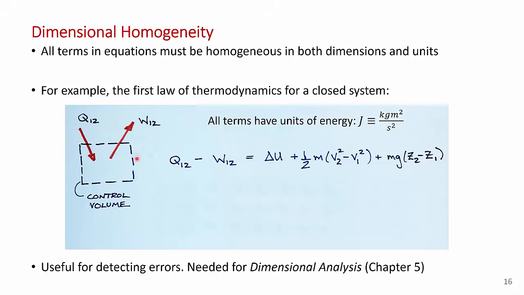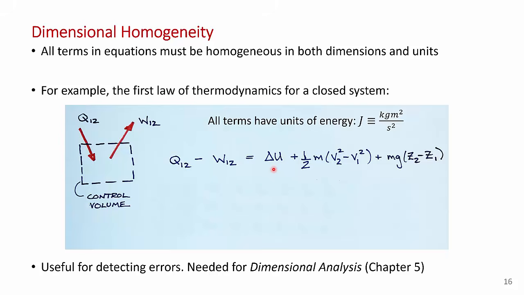So I've got a control volume here. I'm looking at everything inside this box. We're adding heat. We're taking out work. And what the first law of thermodynamics says is the amount of heat that you add in joules minus the amount of work that you extract in joules, so these are all units of energy, equals the change in thermal energy, internal energy, of the control volume.